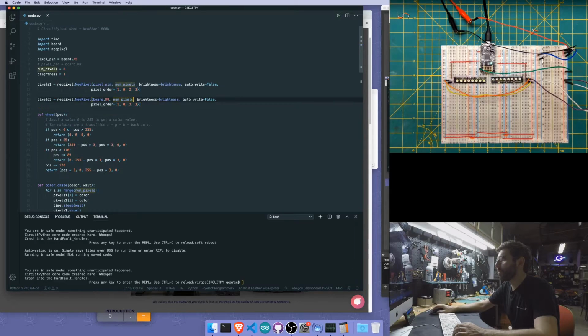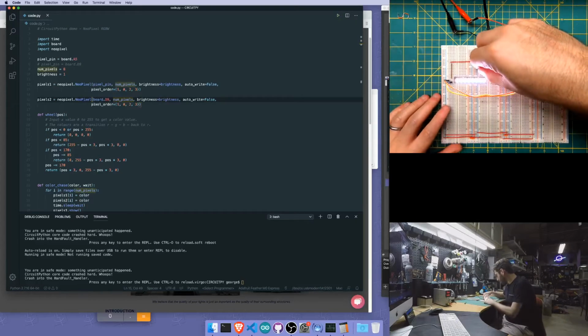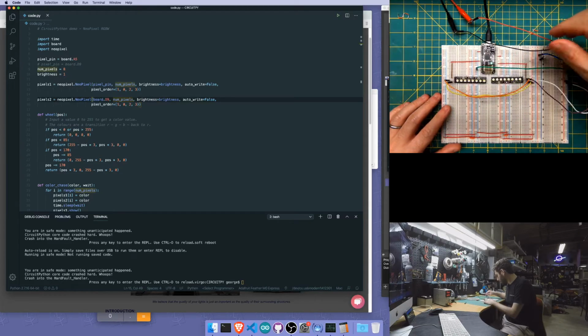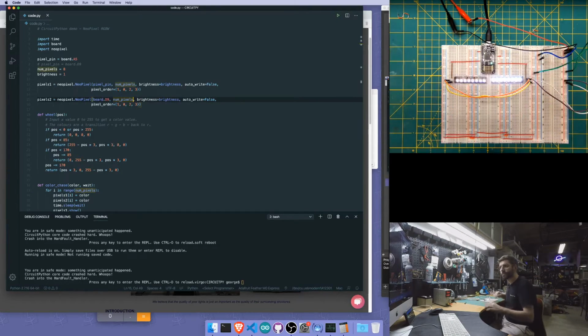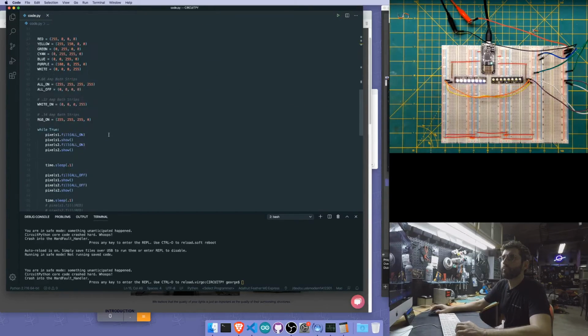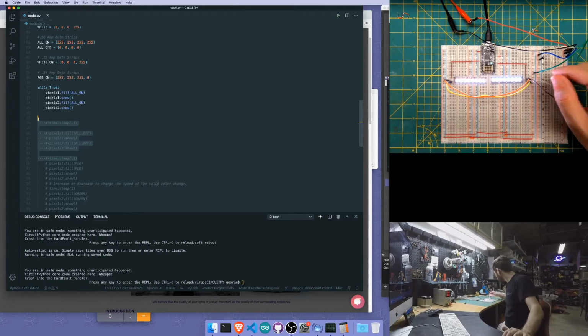I want to figure out why switching the ground, just to the common ground on the rails, makes everything go screwy. Yeah, now it seems to be okay.